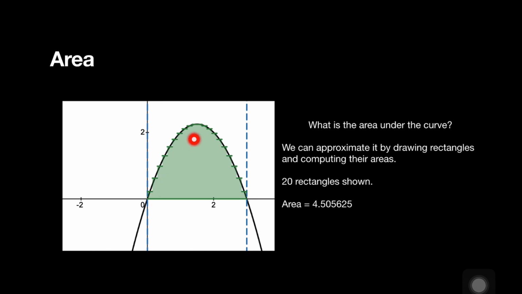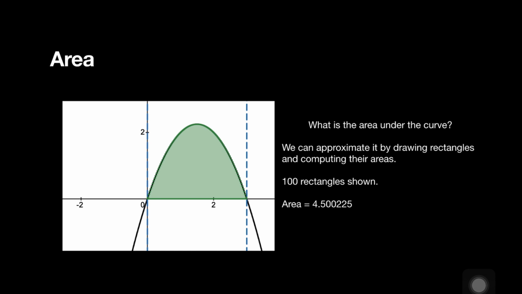And you can see with those 20 rectangles that the area that we're computing is actually pretty close to the area under that curve. And I can actually keep going. I could do 100 rectangles, and my area is even closer to 4.5. Just based on this, I'm guessing the actual area under that curve is probably 4.5.